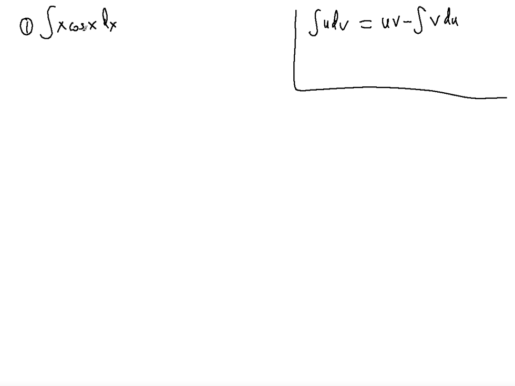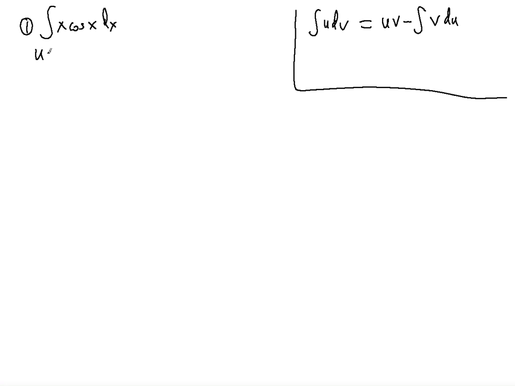In this case, we cannot choose the cosine as the u because if we choose it, the du will be negative sine x, and we will not go anywhere. Because if we choose x as the dv and try to integrate it, we will get 1/2 x squared, so we will not reduce it, but we will rather make it bigger than it should be.